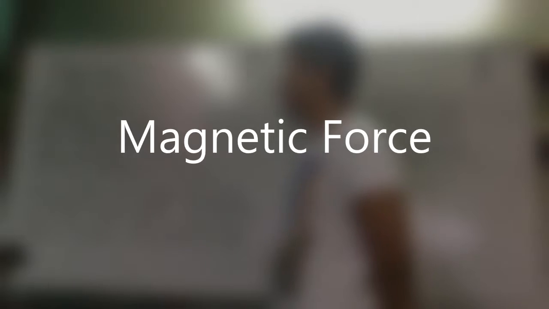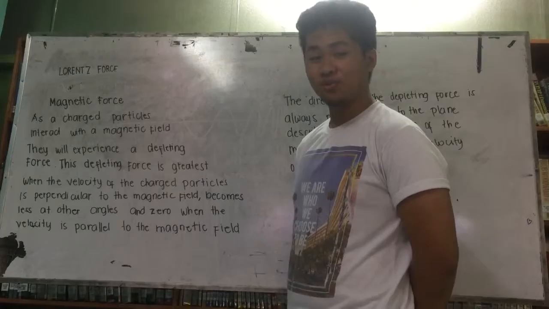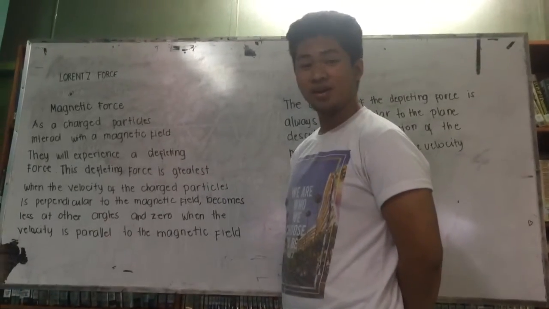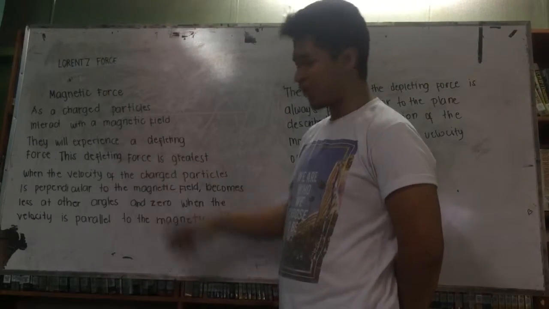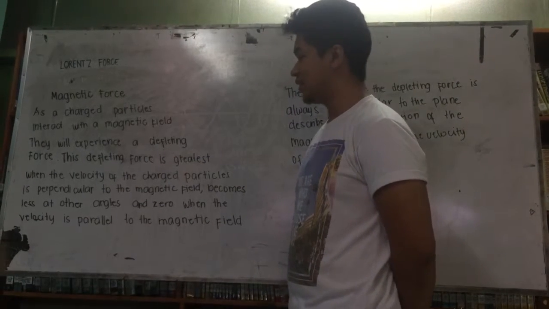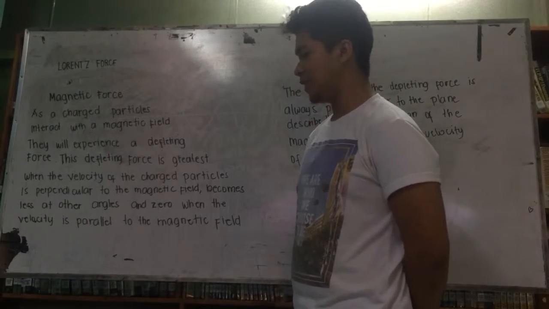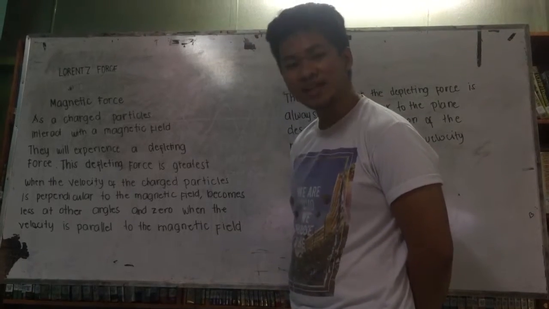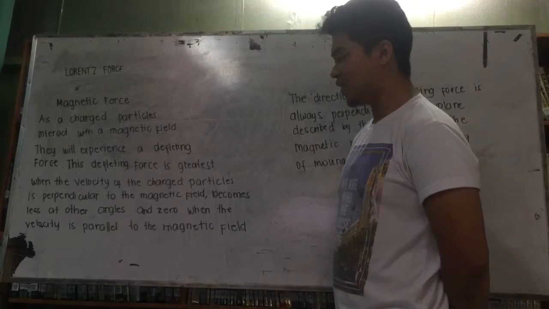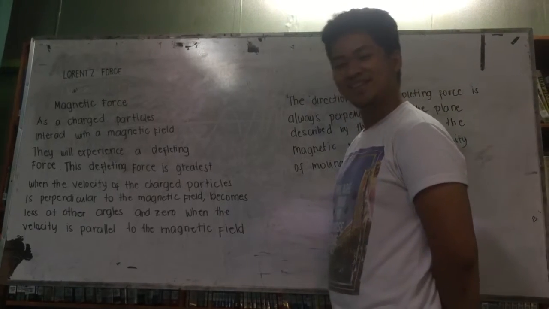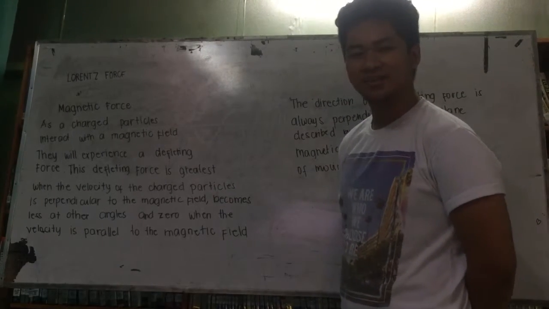Magnetic force. As a charged particle interacts with a magnetic field, it will experience a deflecting force. This deflecting force is greatest when the velocity of the charged particle is perpendicular to the magnetic field, becomes less at other angles, and is zero when the velocity is parallel to the magnetic field.